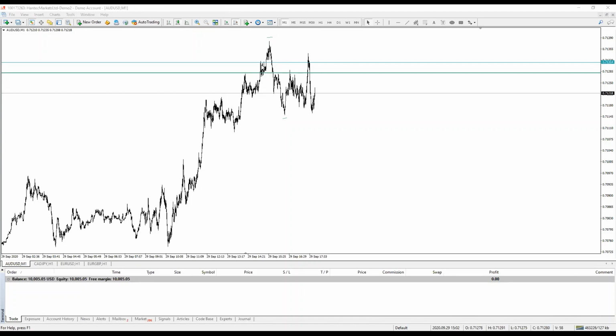Remember that sentence: every reversal must start by breaking the opposite level. So if we're buying and we're hitting supply, and now supply is regaining power, that must result from breaking demand. So here's a demand broken, here's another demand broken, here's a demand respected.